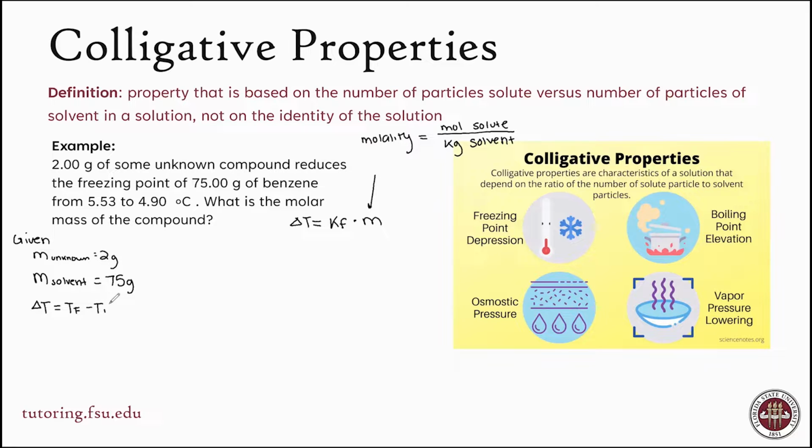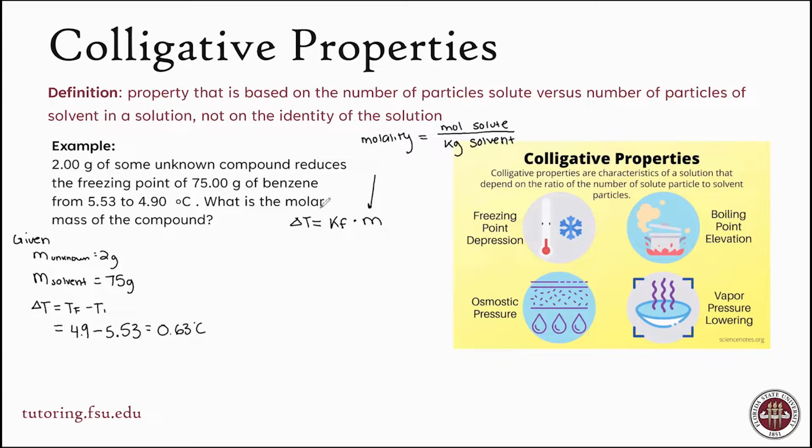It goes from 5.53 to 4.9, decreasing, so 4.9 is where we end up. That's our final minus our initial, 5.53, all in degrees Celsius. Carrying that out, there's a change of 0.63 degrees Celsius.